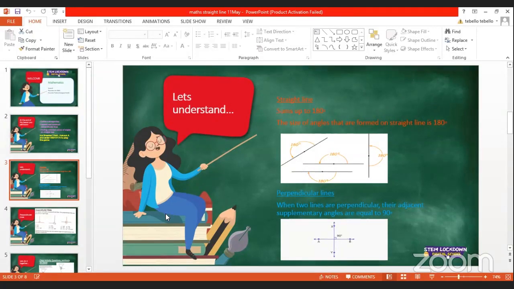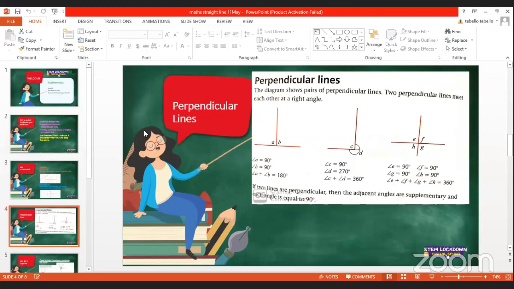In our next slide, we have our examples for perpendicular lines, but let's do it together before we check the examples.